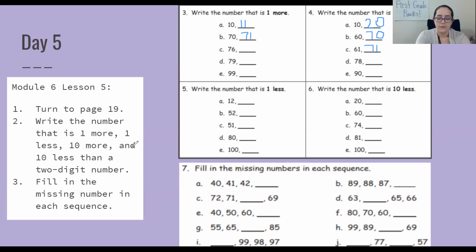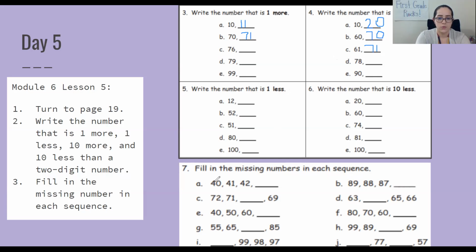All right, for 5, you're going to write the number that is 1 less than 12, 52, 51, 80, and 100. Write the number that is 10 less than 20, 60, 74, 81, and 100. Okay, and then number 7, fill in the missing numbers in each sequence.